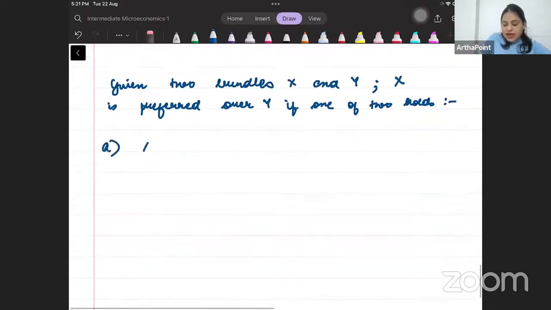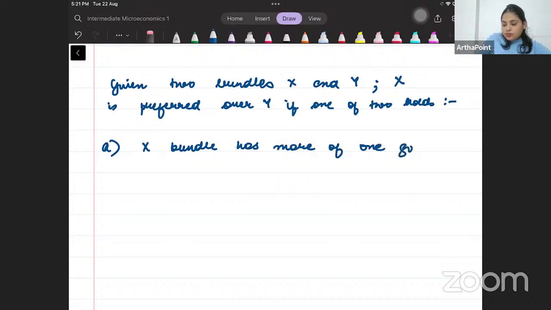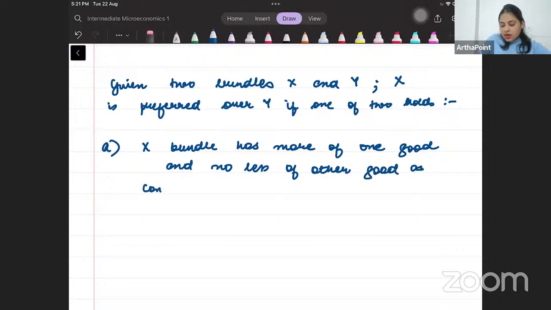First, x bundle has more of one good and no less of the other good as compared to y. तो या तो ये हो जाए कि x में गुड 1 y से ज्यादा है और गुड 2 दोनों में बराबर है.